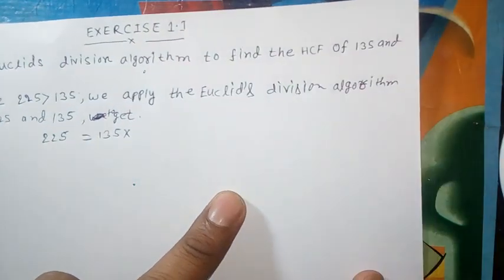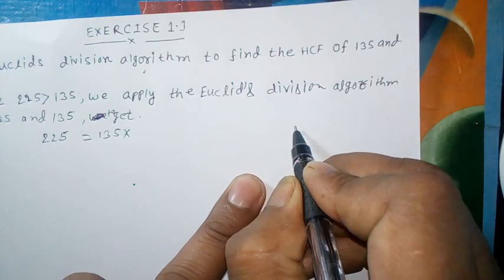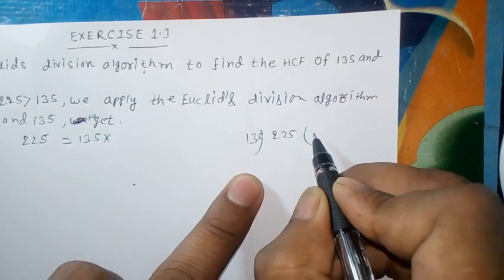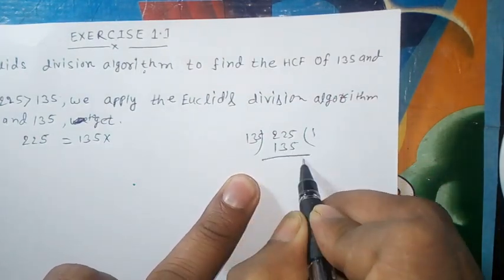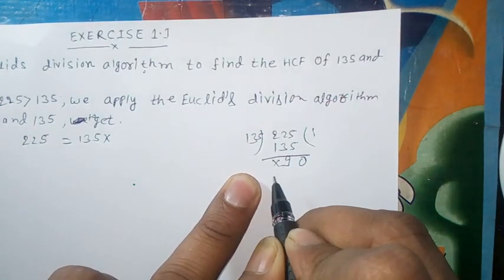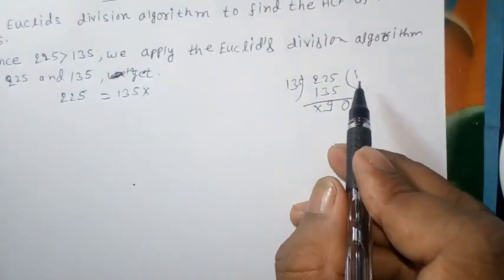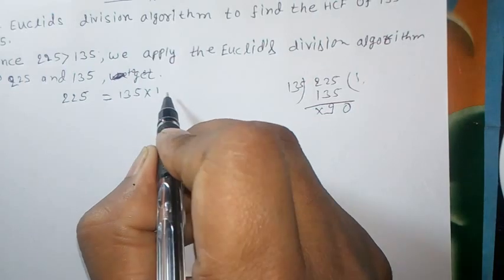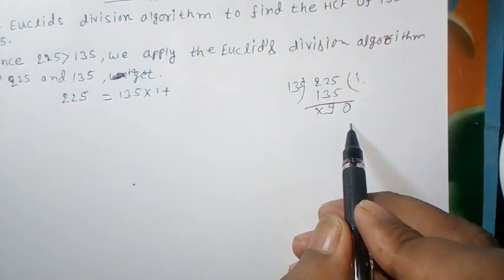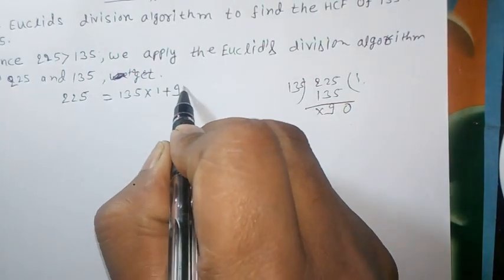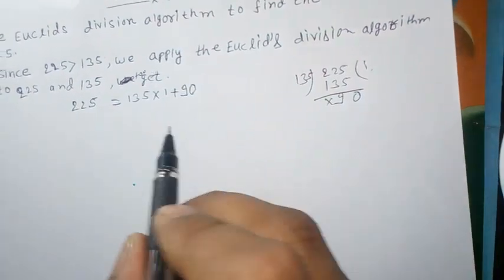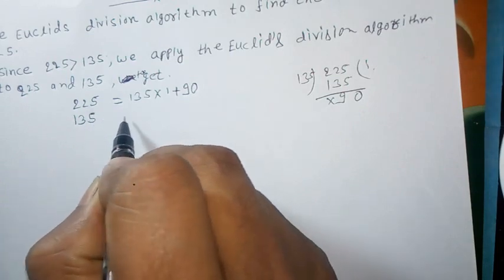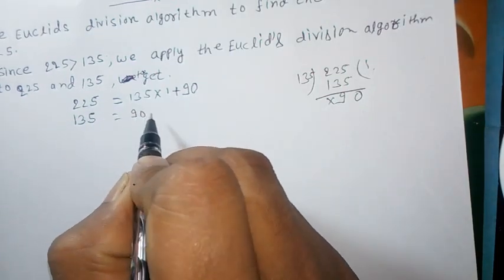We divide 225 by 135. In 1 times 135 we get 135, and the remainder is 90. Now the quotient is 1. Now again, 135 is in the place of a, 90 in the place of b.